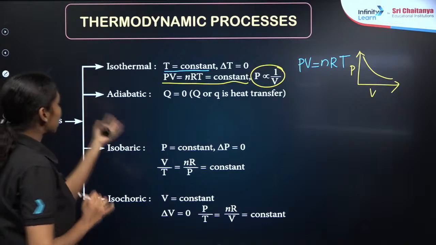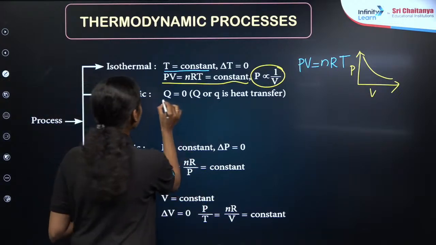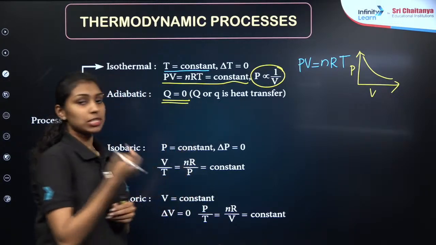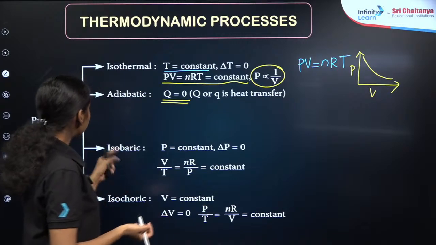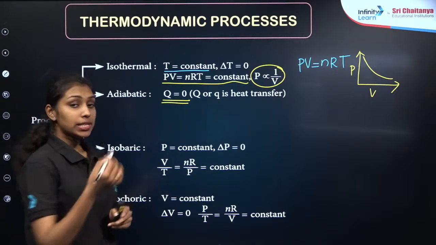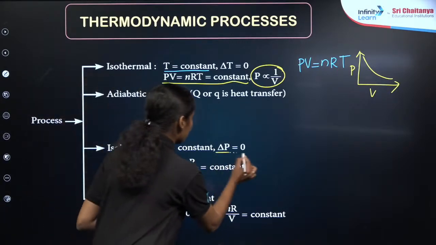Now adiabatic process, which means Q is equal to 0, which means heat exchange is equal to 0. Then the third one, isobaric. Pressure is constant here, so delta P is equal to 0.